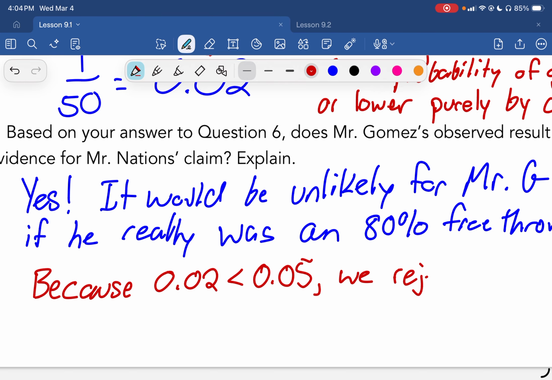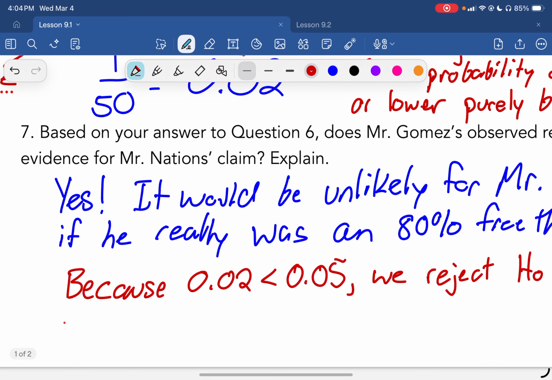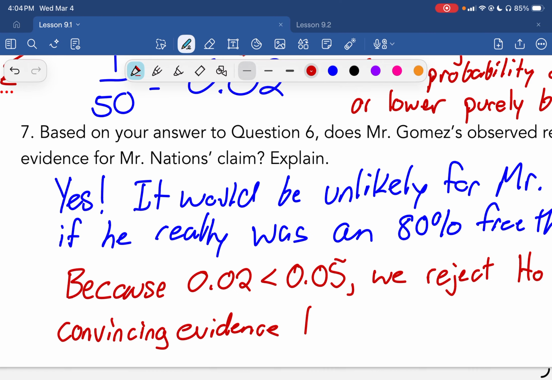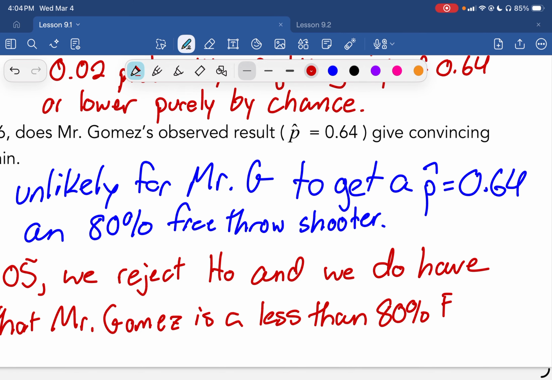We reject the null hypothesis, and we do have convincing evidence that Mr. Gomez is a less than 80% free throw shooter.